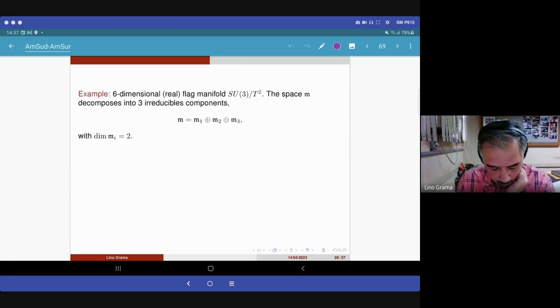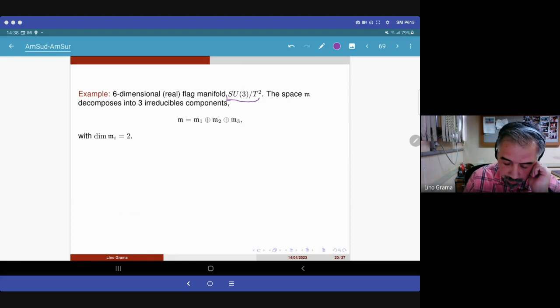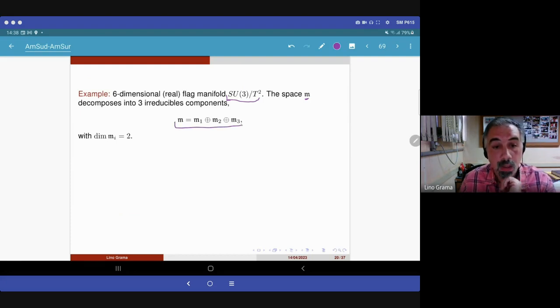Let's put a more concrete example. We can consider the 6-dimensional flag manifold SU(3) over the maximal torus. For this homogeneous space, the tangent space M decomposes into three pieces, where each piece has dimension 2.